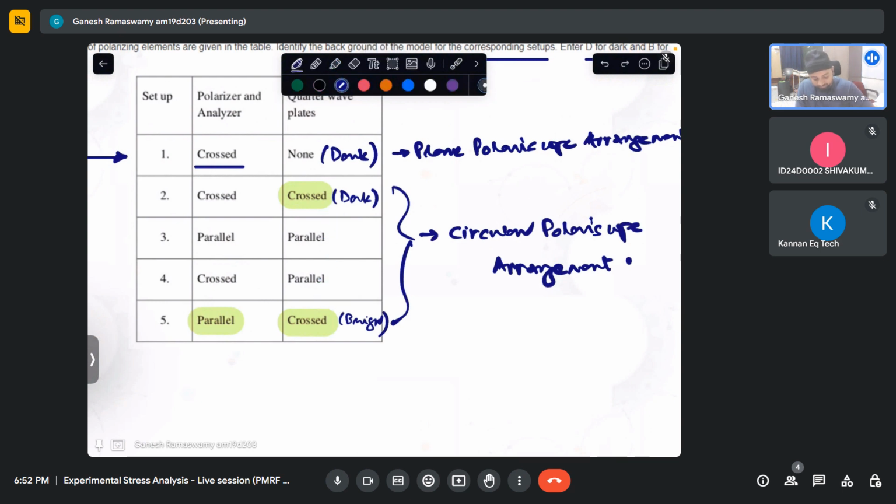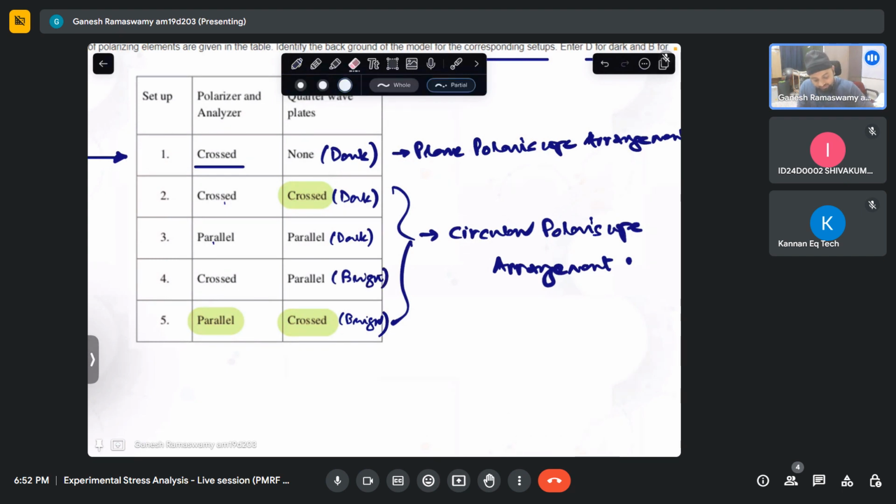Essentially, when both are crossed, analyzer and polarizer crossed as well as quarter wave plates crossed, it will be dark field. Or if this is parallel and that is also parallel, this will be dark field. If this thing is disturbed, then it will be bright field.